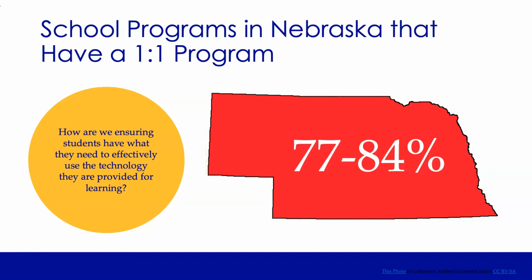Are we ensuring that all students who need assistive technology as part of their individual needs have access to that assistive technology, and are we teaching them how to use it? Are we providing the supports necessary in order for teachers to do that, as well as the system to go ahead and support it?